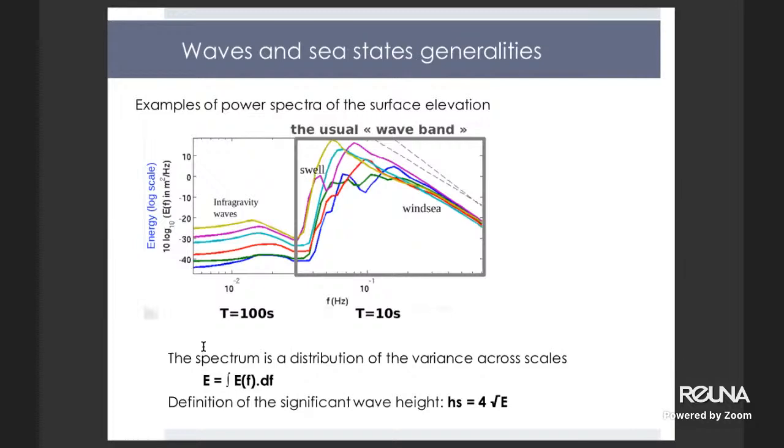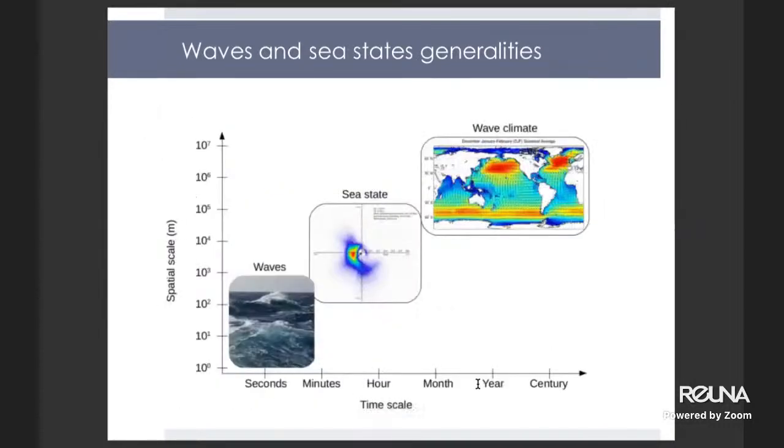The full energy is characterized by the integral of this spectrum. Also, the significant wave height, which is used to characterize waves, accounts for the full spectrum, as it is defined as 4 times the square root of the total energy of the spectrum.